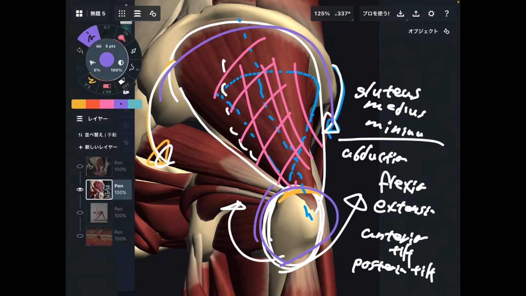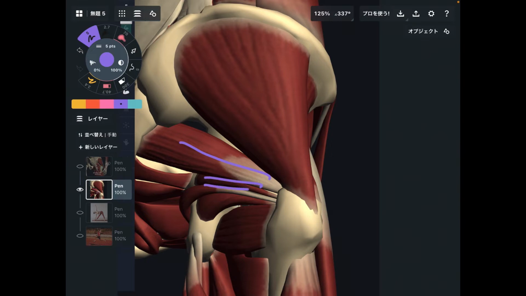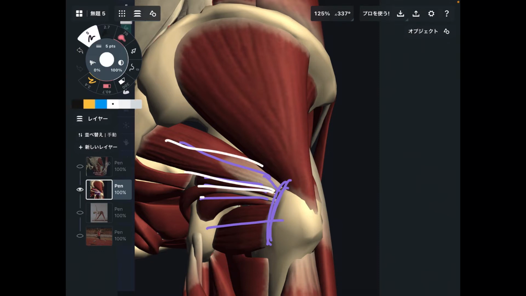Let's go to the posterior part of the greater trochanter. I want to focus on these tiny muscles. They are on the posterior part of the greater trochanter. There are 6 muscles on the posterior deep part. They are called deep lateral rotators.